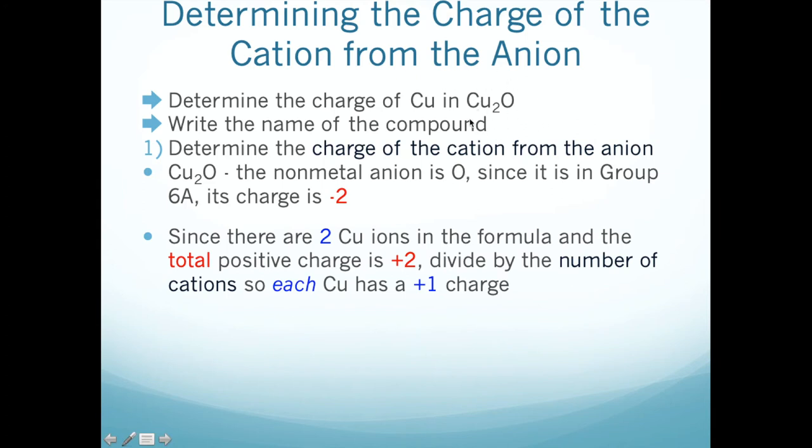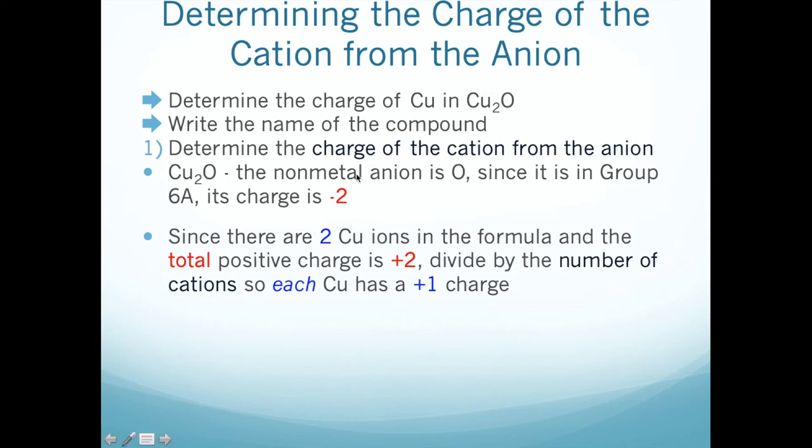So how do we figure out the Roman numeral that belongs to this version of copper? To do this, we actually have to work backwards. Our periodic table doesn't tell us this, but our periodic table does tell us what the charge is on our oxide ion, because oxygen is in group 16, or 6A, so it must have a -2 charge, again because it's 2 groups away from the noble gases.